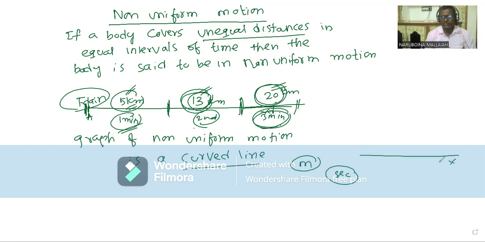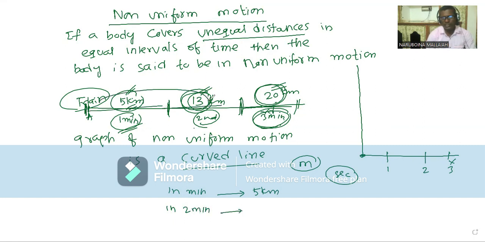This is the x-axis, I am drawing the y-axis. Zero is the rest position, then 1 minute, 2 minutes, 3 minutes. In the first minute, it covers 5 kilometers. In 2 minutes, first minute 5, second minute 13, totally 18 kilometers are covered.